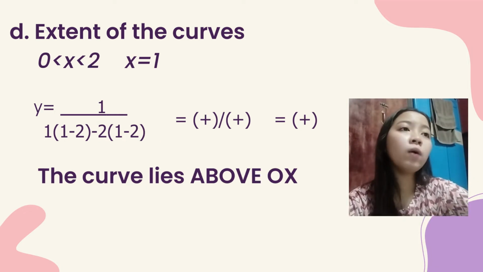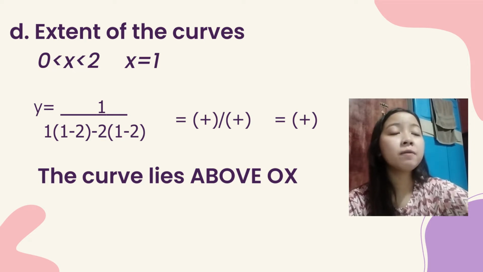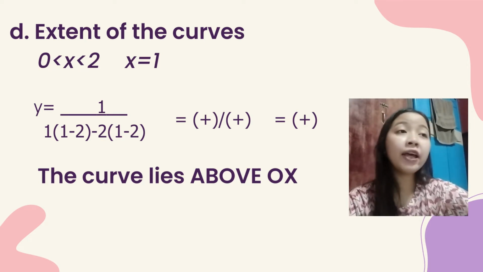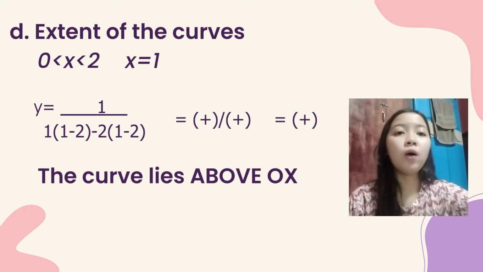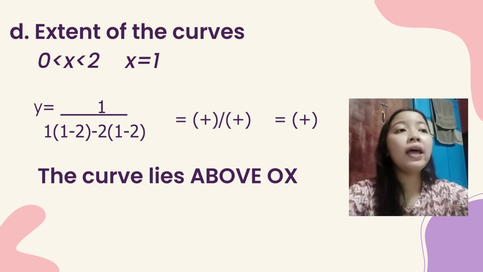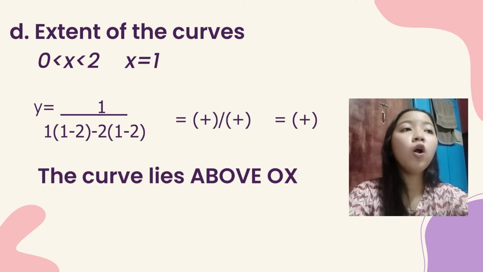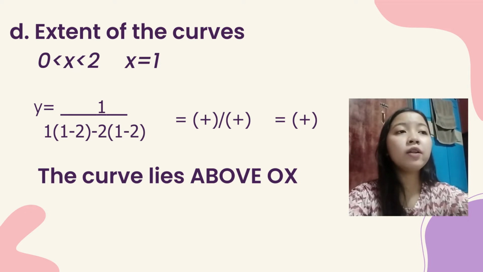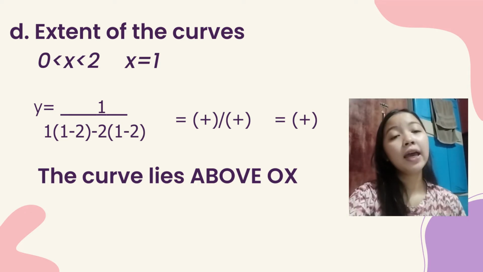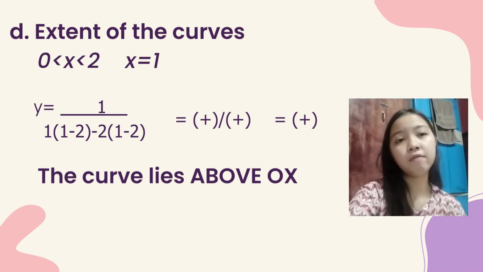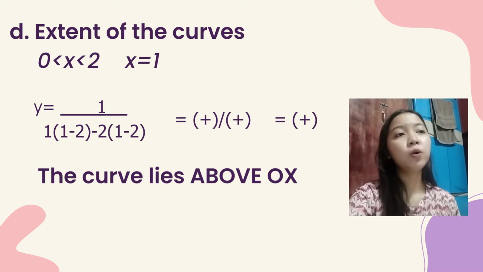Next, we will find where x is greater than 0 but less than 2. So x equals 1. Then y equals 1 all over 1 times the quantity 1 minus 2 times the quantity 1 minus 2. So it will become positive over positive, and when you divide positive by positive, it is positive.